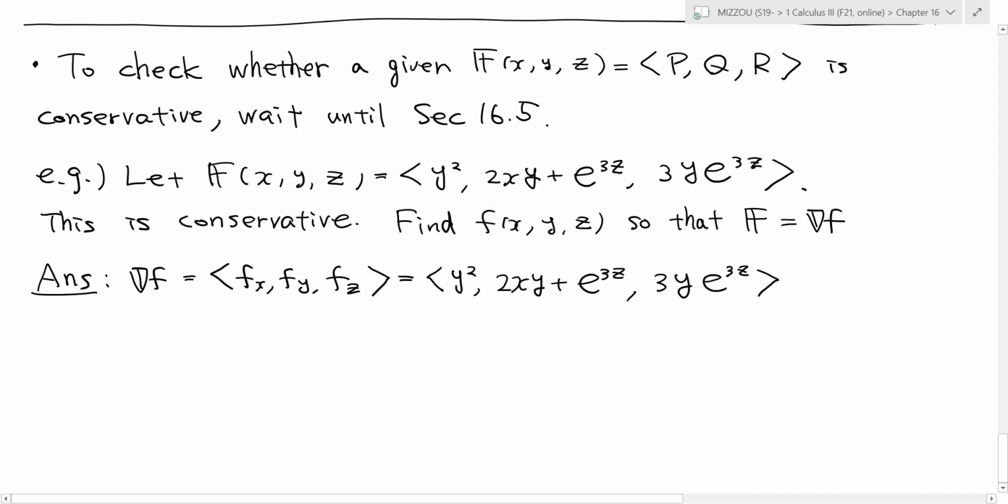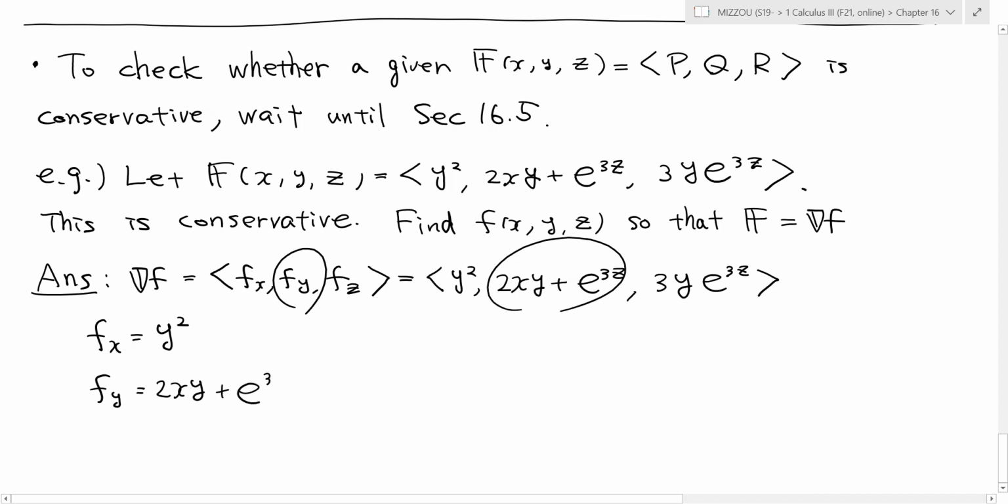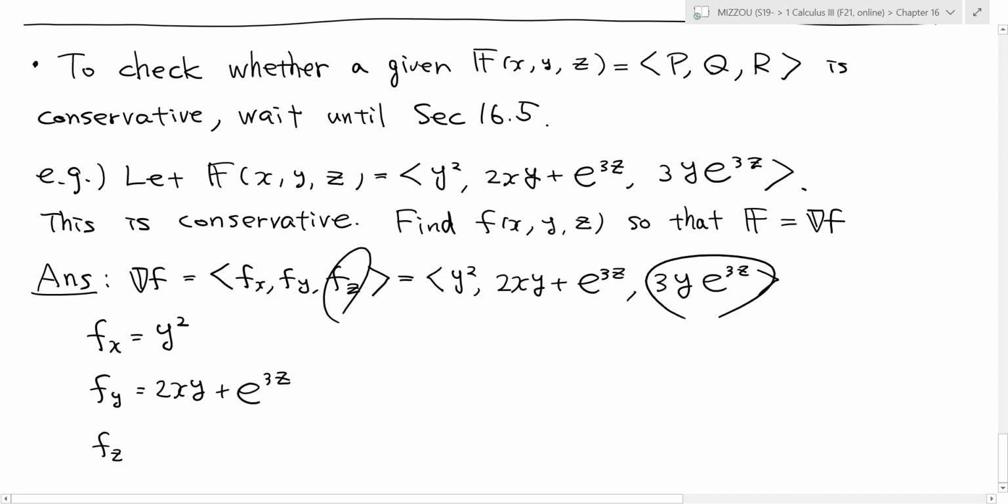Okay, so therefore from this, f sub x has to be equal to y squared, and f sub y is equal to 2xy plus e to the power of 3z, and f sub z, the third component, is 3y e to the power of 3z.